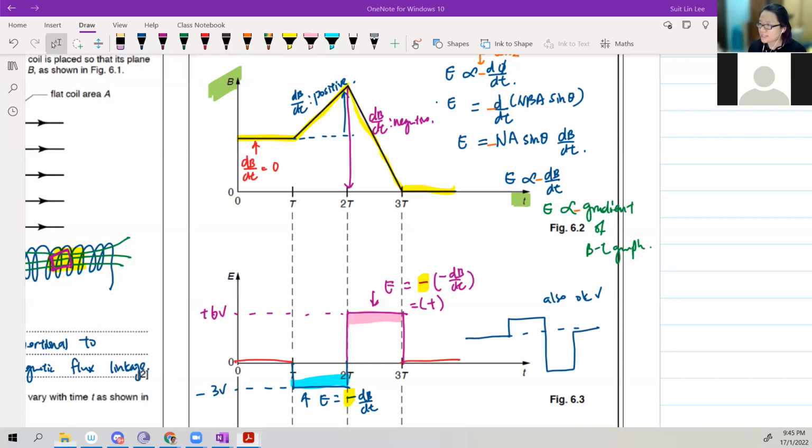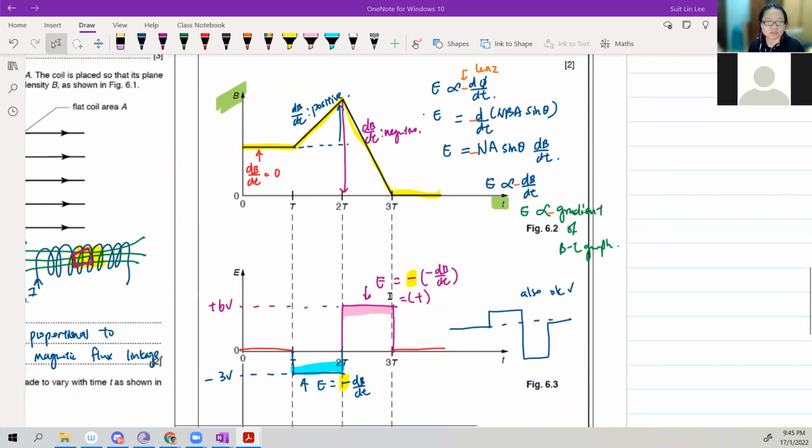Okay, let's do some graph sketching. Okay, this is very similar. We're going to look at May/June 18, paper 4.2, but need to do a bit of calculation. May/June 18, paper 4.2 is page 21.